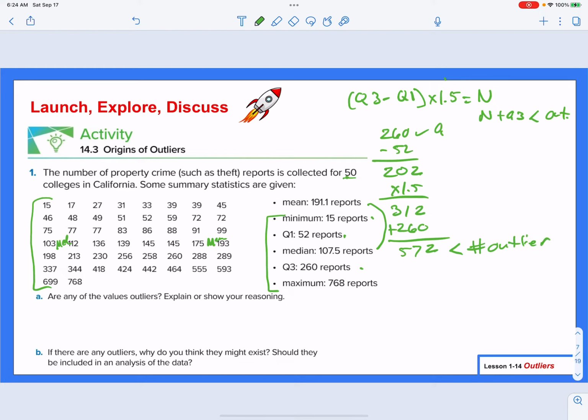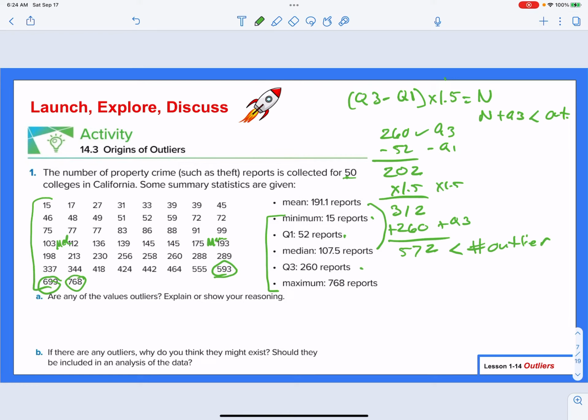Okay, this is Q3 minus Q1 times 1.5 plus Q3. So what numbers are greater than 572? Well, we have 593, 699, and 768. So we do indeed have 3 schools that are greater than the acceptable number for an outlier.